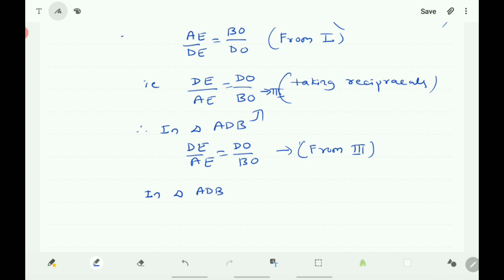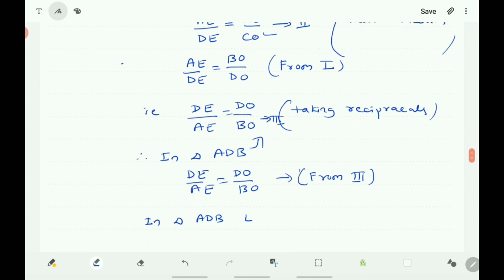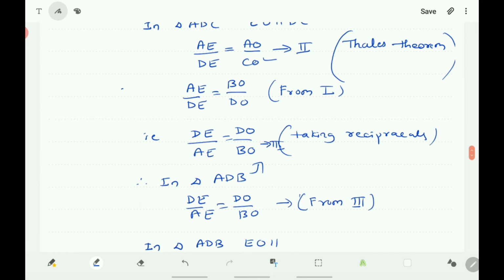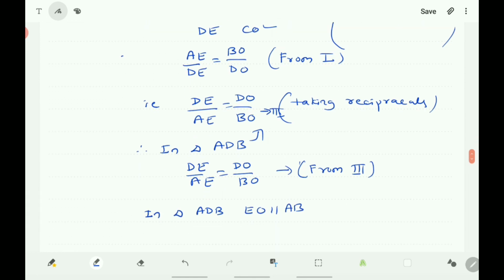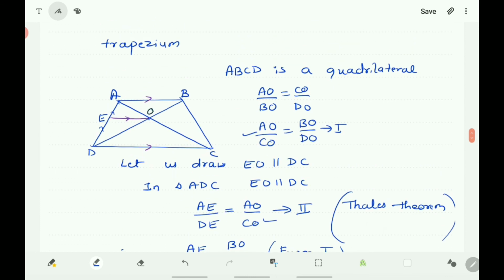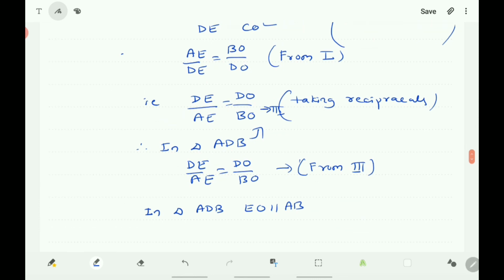In triangle ADB, as we got DE by AE is equal to DO by BO, you can say that the line EO is parallel to AB. That is, the line EO divides AD and DB in the same ratio, according to the converse of Thales theorem.